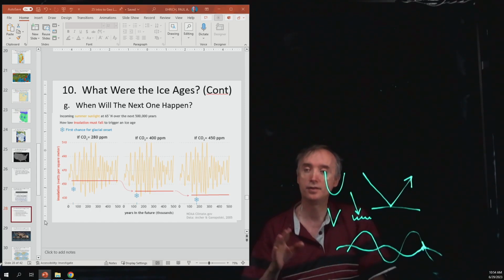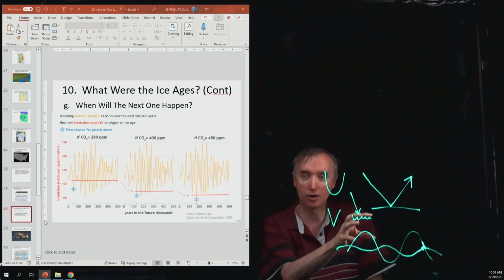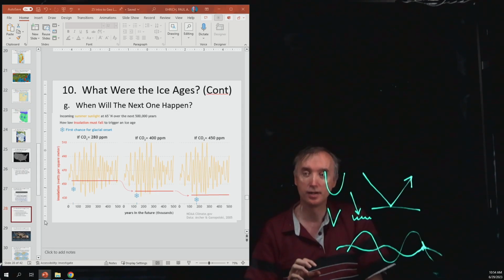And so this picture here shows, when you add together all of these different cycles, what the overall cycle would look like. The first one shows what the overall cycle would look like if there's 280 parts per million of carbon dioxide in the atmosphere.